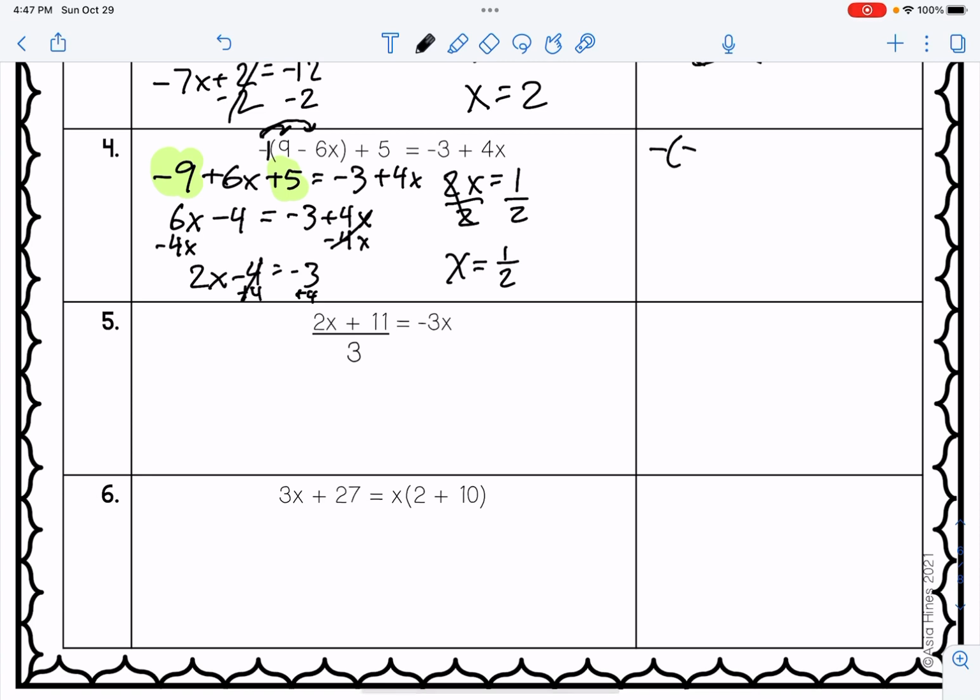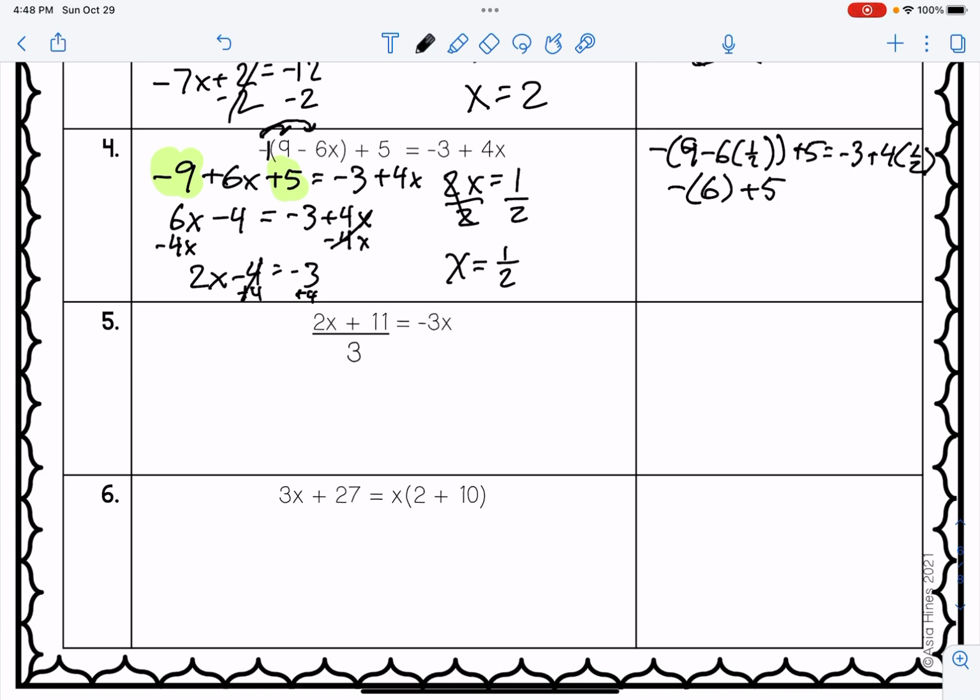Negative 9 minus 6 times 1/2 plus 5 is going to equal negative 3 plus 4 times 1/2. Do my parentheses first. Half of 6 is 3, so in my parentheses we will have 9 minus 3, just going to leave us with a 6 in there. And plus a 5.